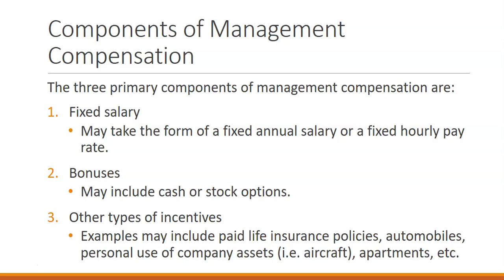Other incentives can include life insurance policy, automobiles, personal use of company assets, apartments, aircraft, box seats to games, and different things. Those types of incentives vary from company to company and to level of organization. Most companies have paid life insurance policies for salaried employees. Whether a company includes a bonus or not really depends.